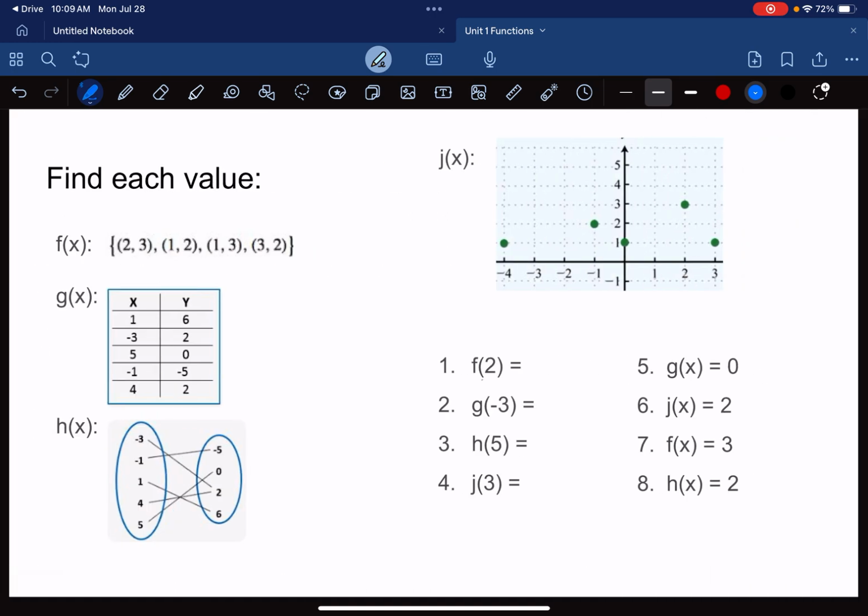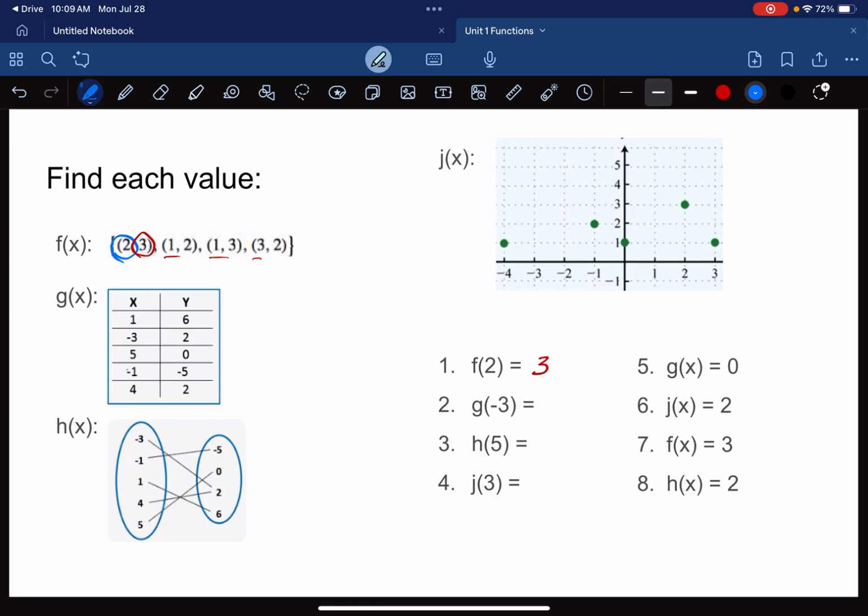So how would you do f of 2? Well, what that's saying is with 2 being the input, what is its partner value or output? Here's the 2 in the inputs or the domain, and you notice it doesn't appear anywhere else, and its output is 3. So g of x says, what's g of negative 3?